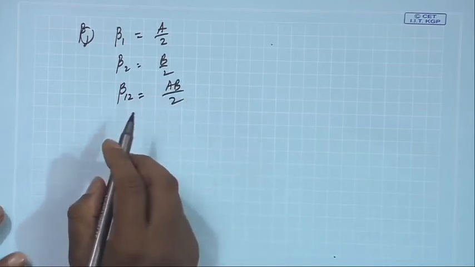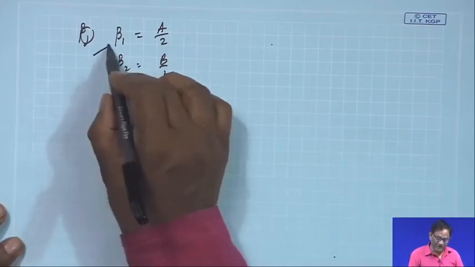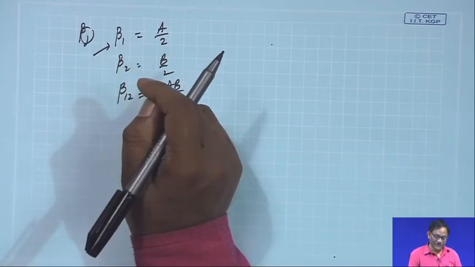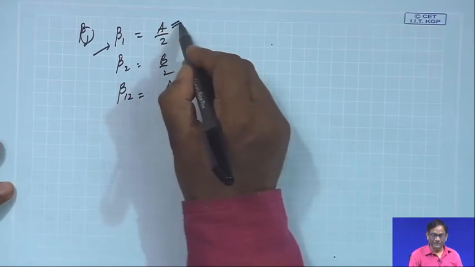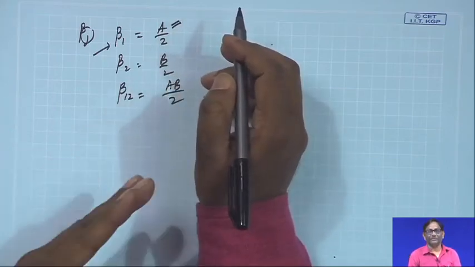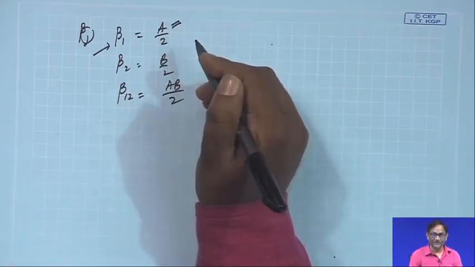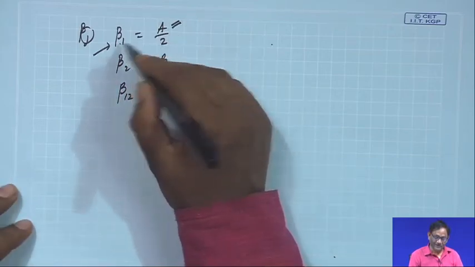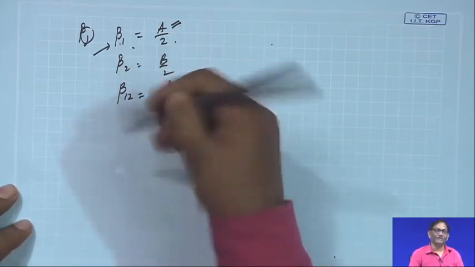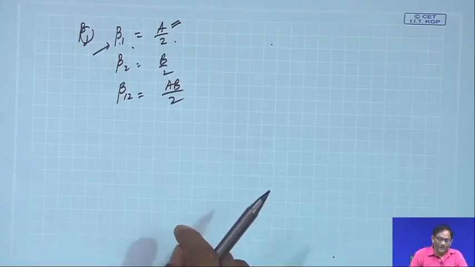You have seen earlier that the regression effect talks about the unit change in x, what is the change in y. The effect talks about when we change -1 to +1, what is the change in y. As a result, this will be A divided by 2, similarly other effects.